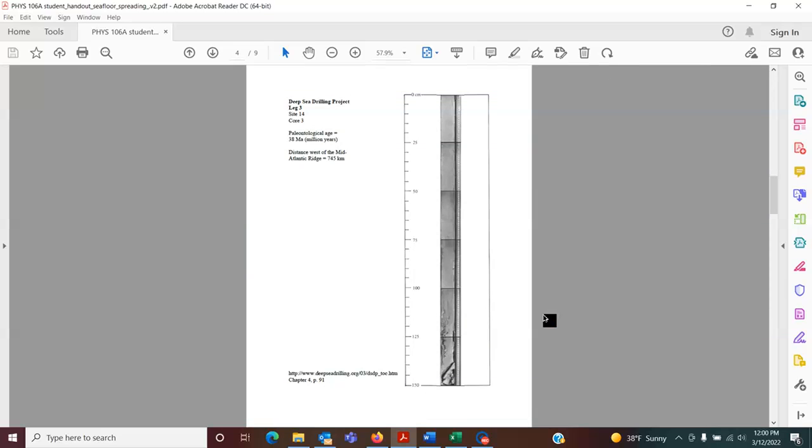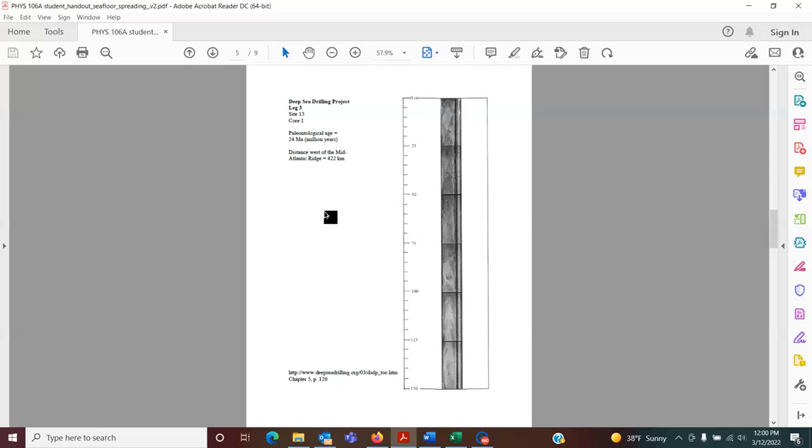But to get the paleontological age of the different sites, you just look at these cores. This is 38 MA. That's for site 14. And then the distance west of the mid-Atlantic ridge is 745 kilometers. We were talking about site 15. So that was like 24 MA. And the distance west of the mid-Atlantic ridge is 422 kilometers.